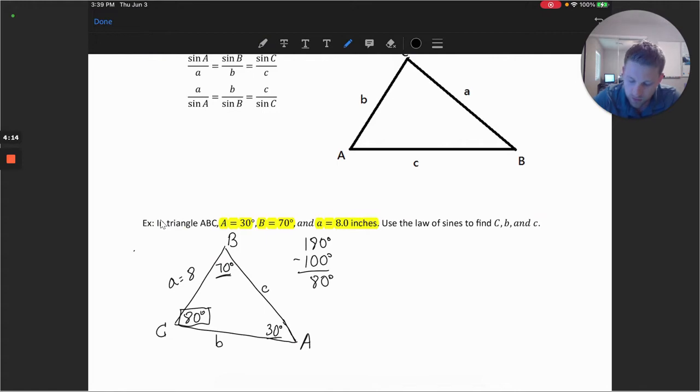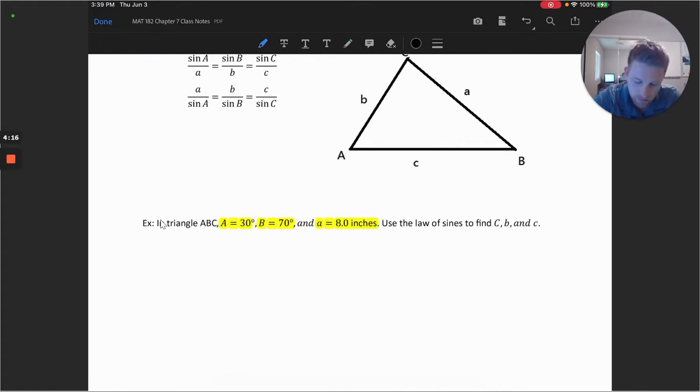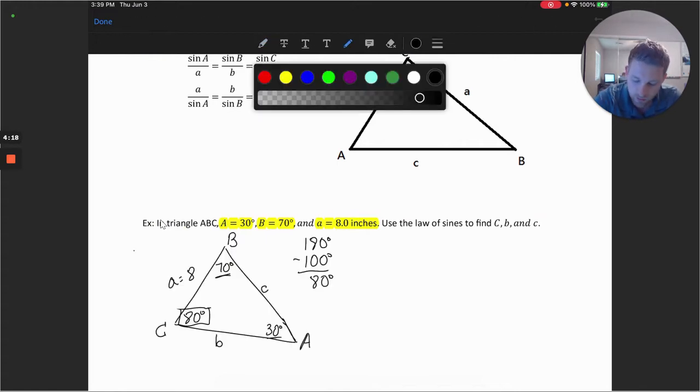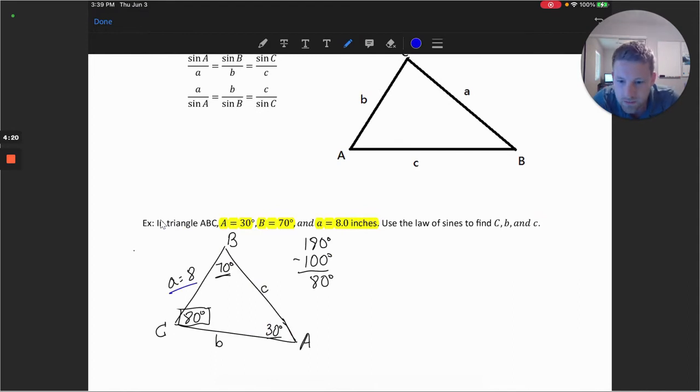So let's consider using the side length that we know, which is a equal to 8, the angle A, and then we're going to use the angle B to solve for our side length b. Let's set it up like this.